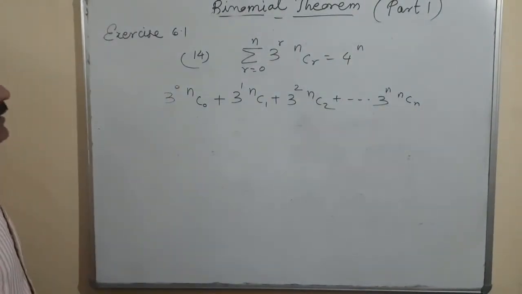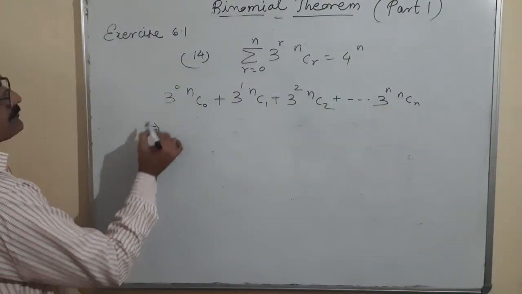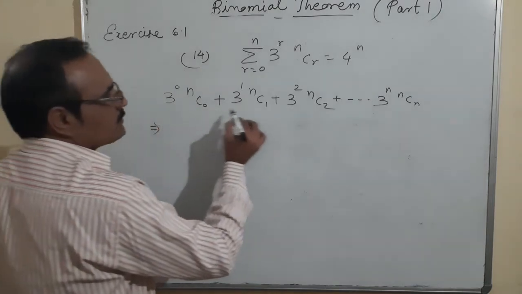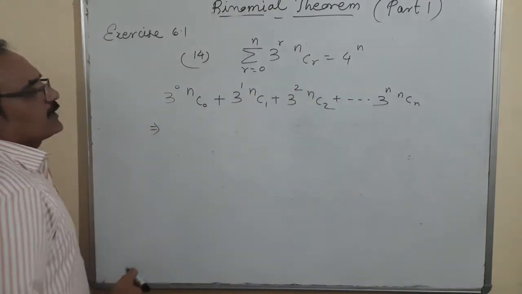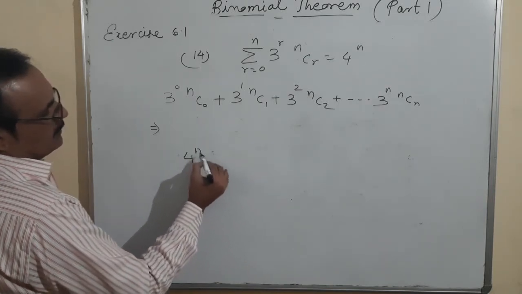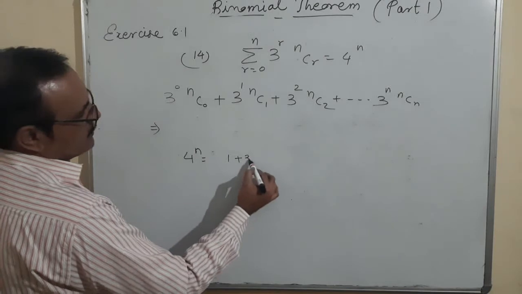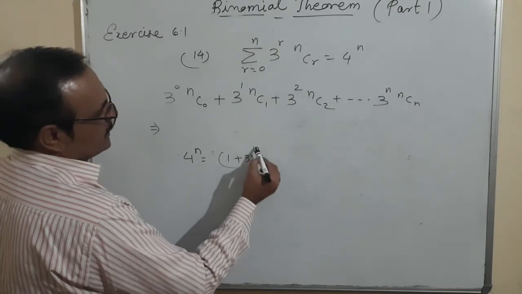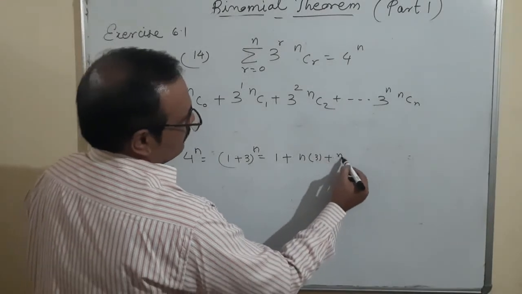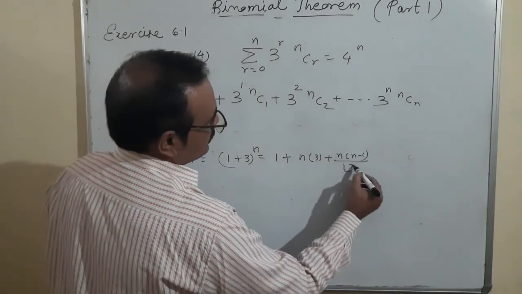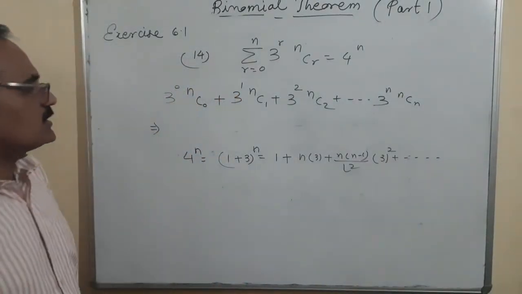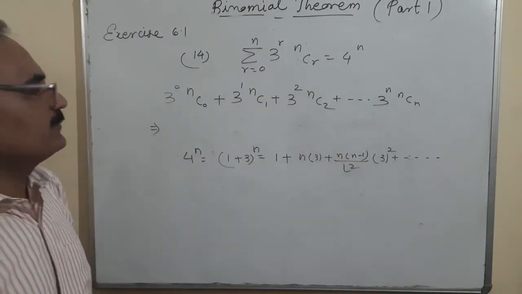You can leave this term here only. Take the right hand side term, which is 4^n. May I write it as (1 + 3)^n, and when we extend, how to extend? 1 + nx + n(n − 1)/2!·3² and so on. You can see that both the terms are exactly the same.